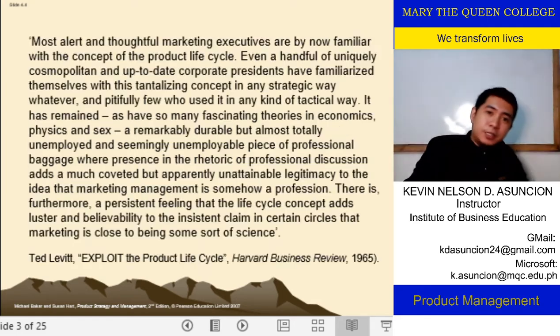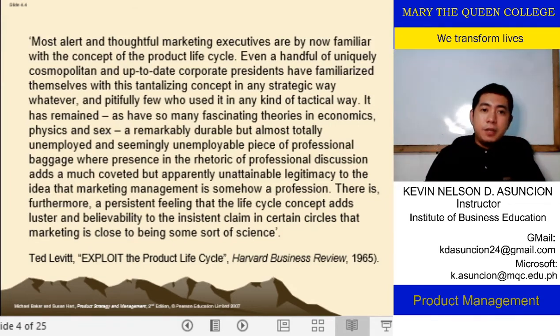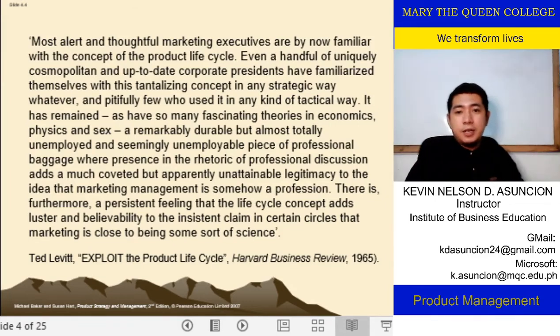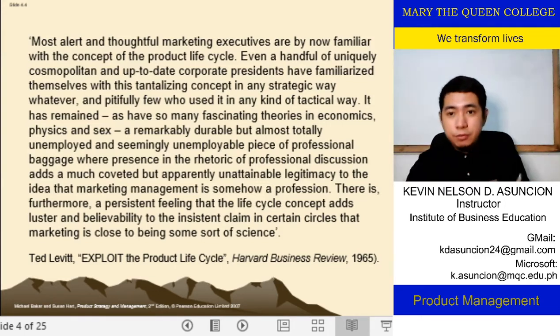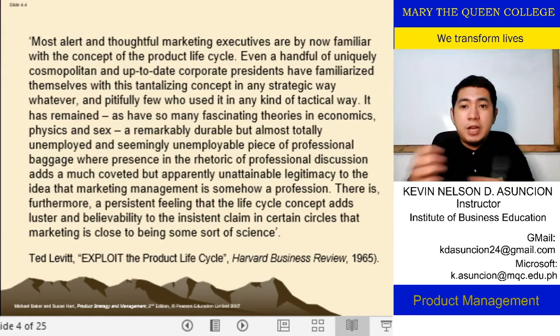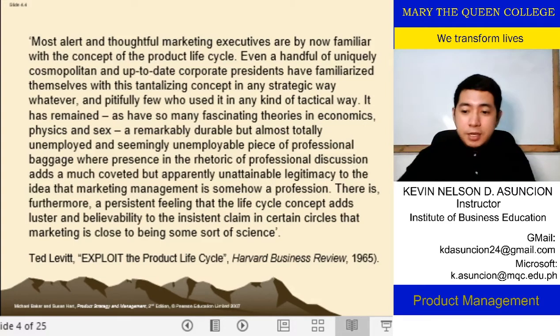So, how does it work? Most alert and thoughtful marketing executives are now familiar with this concept, and they use it not just for a forecast, but as a tool for determining how far the strategies are going, so you can review and make strategies out of it. That's the idea there.